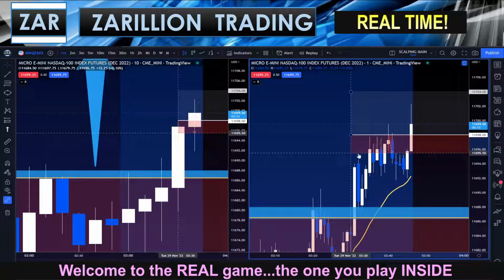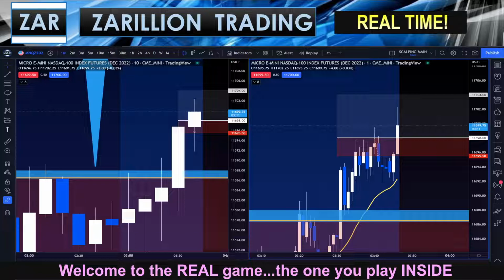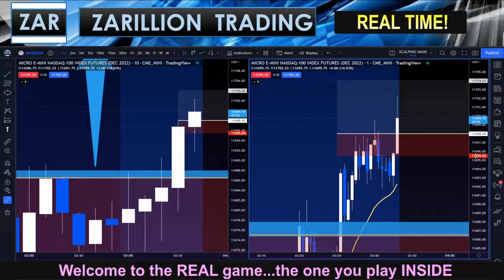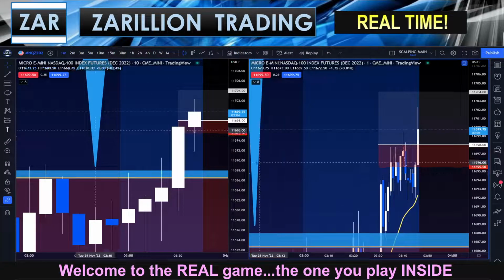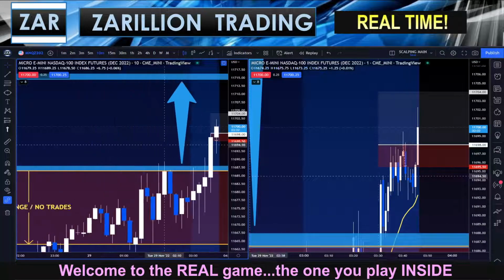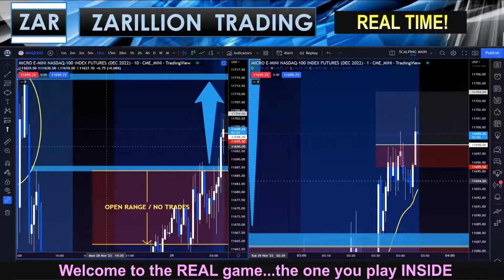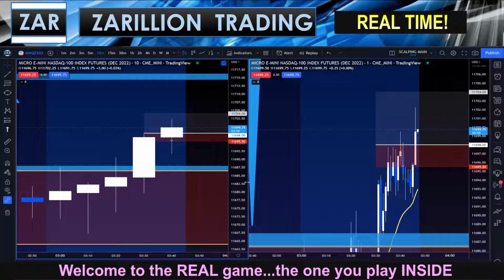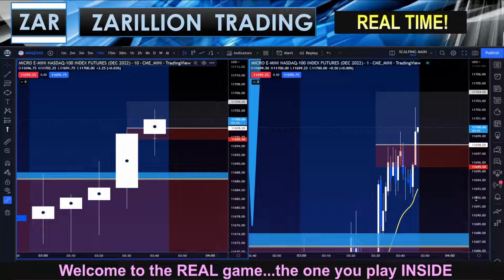Stop to below the current candle on the 1 minute. You see that there? Yeah, it's struggling to get through that mess that I mentioned earlier. This mess over here. Let's see if we can push through or not.